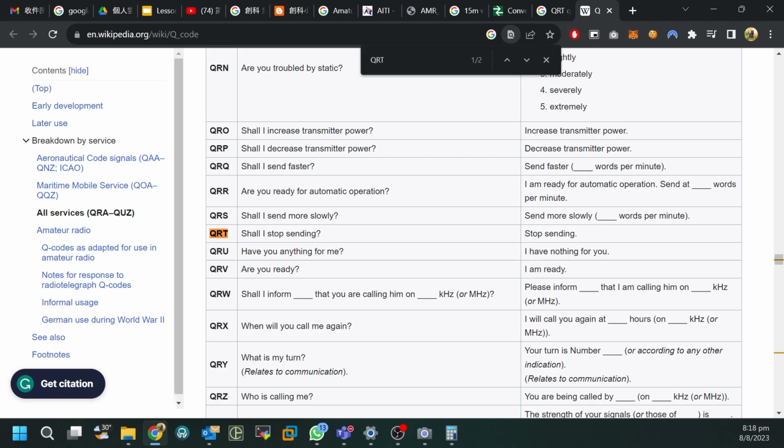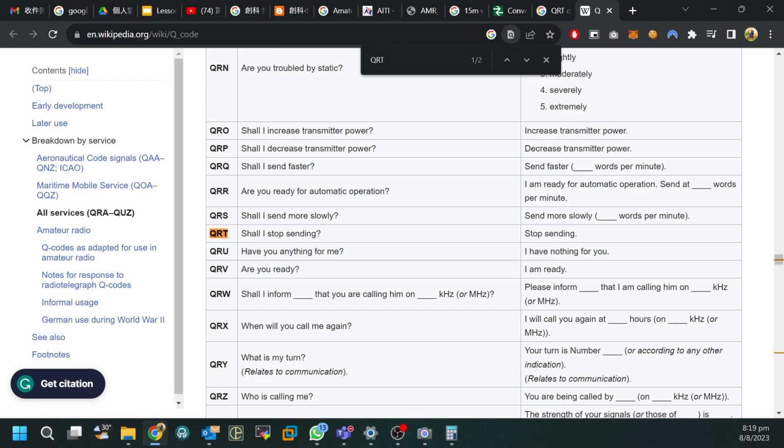So if you mention QRT and the guy responds yes, then you can stop sending. You can also mention QRT when you want to stop the conversation. Yeah, you can do it this way.